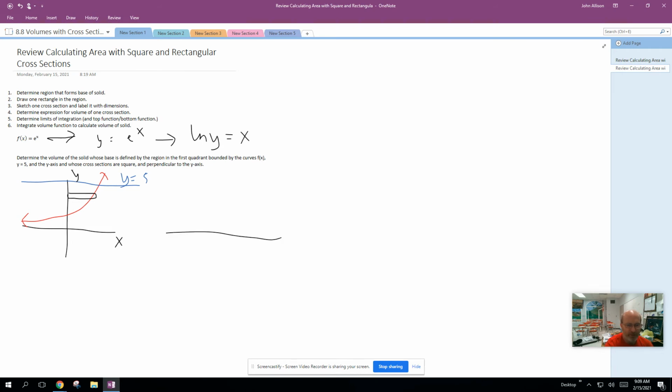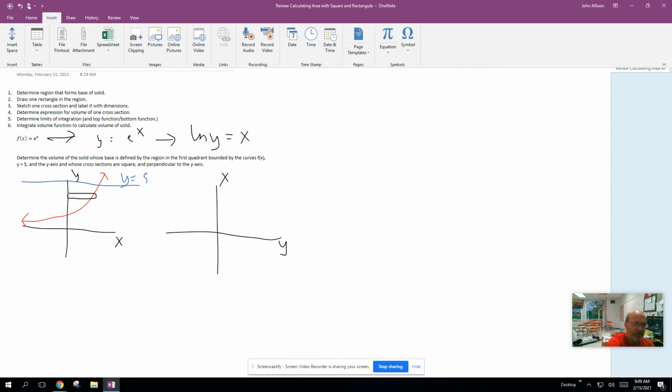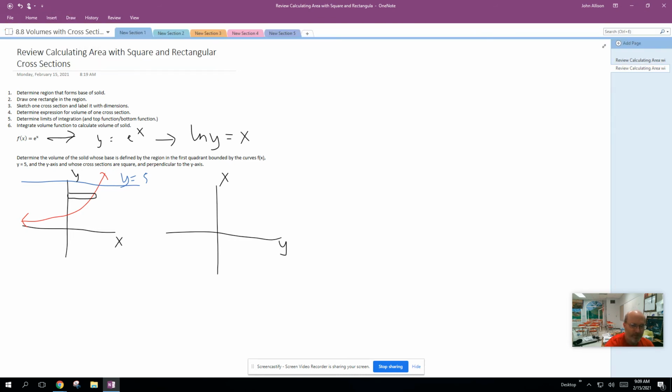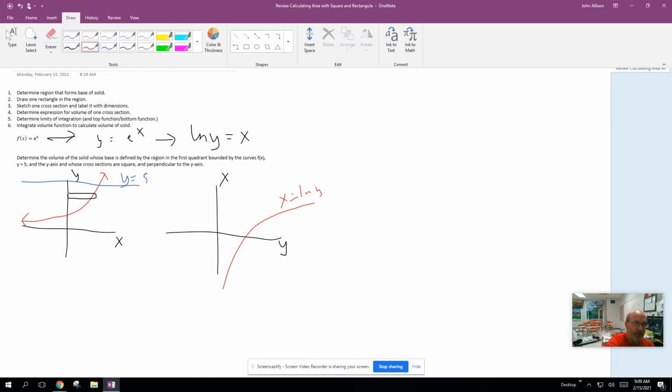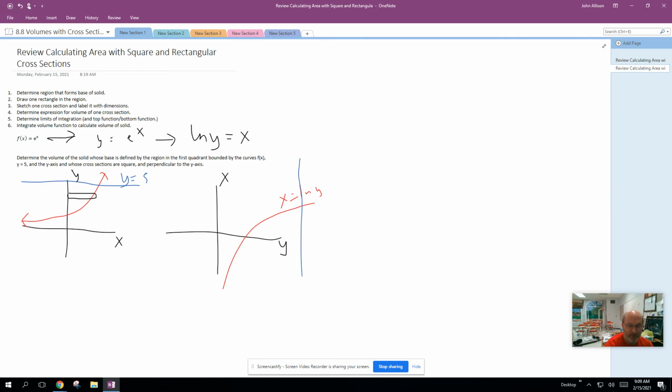Basically what I've done is turn my y value into my independent variable and my x value into my dependent variable. If I graph the curve x equals ln y, I get this curve. And if I graph the curve y equals 5, I get this curve.